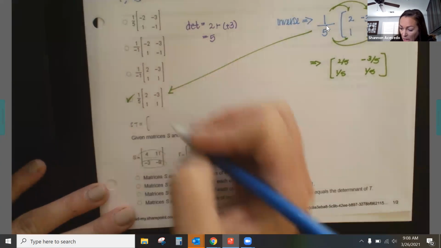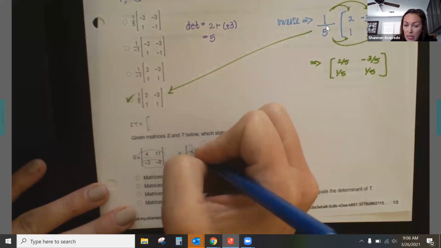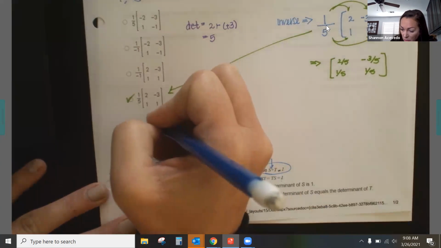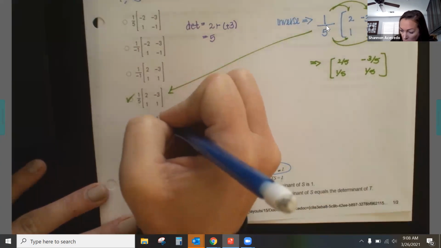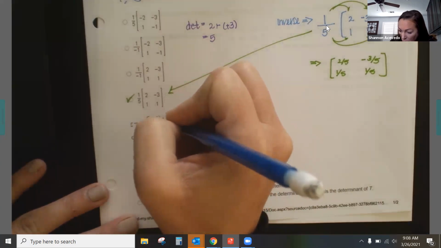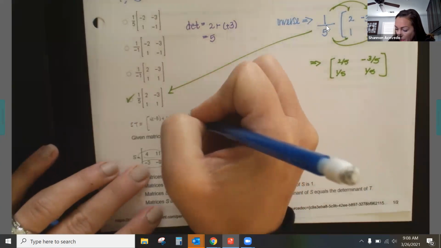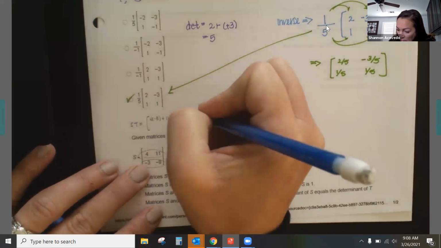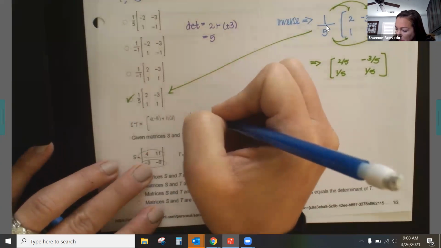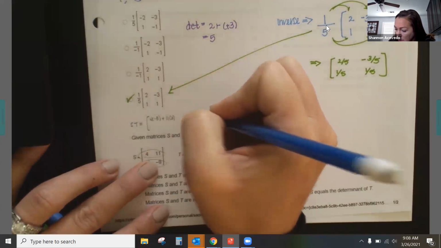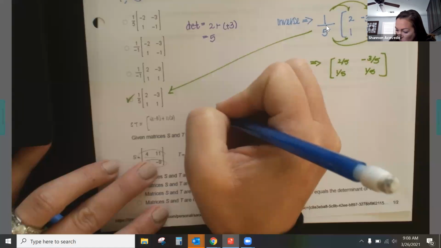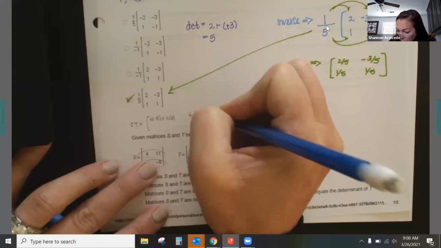When I do that, I get 4 times my -8 plus 11 times 3. Then 4 times my -11 plus 11 times 4.